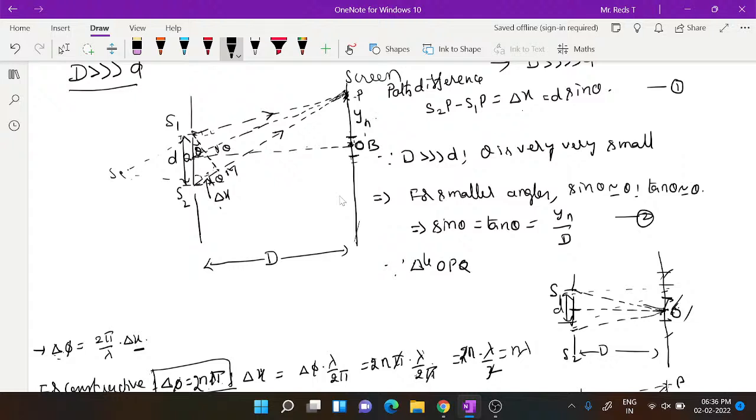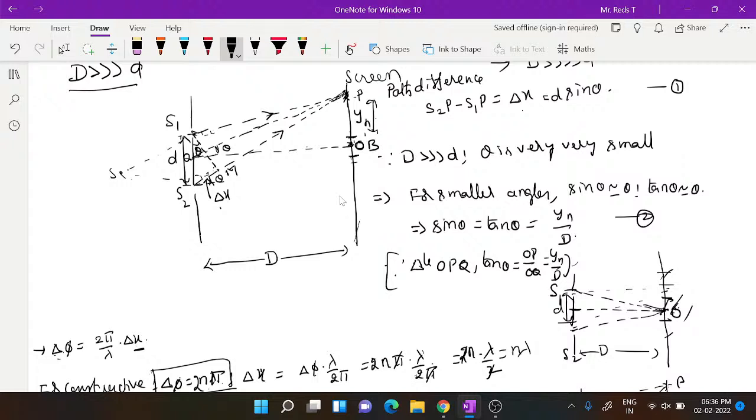Opposite side is OP, which, for constructive interference, gives the position of the bright fringe, yn, the position of the nth bright fringe. You can take ynb also. And the adjacent side is this distance capital D. So tan theta is equal to yn by D.